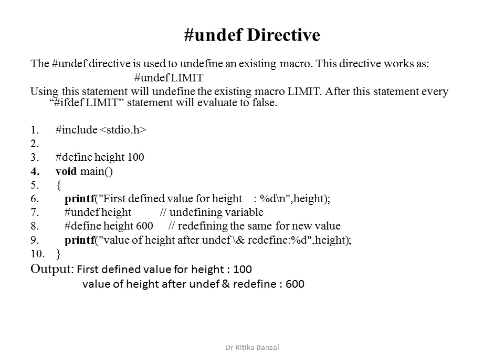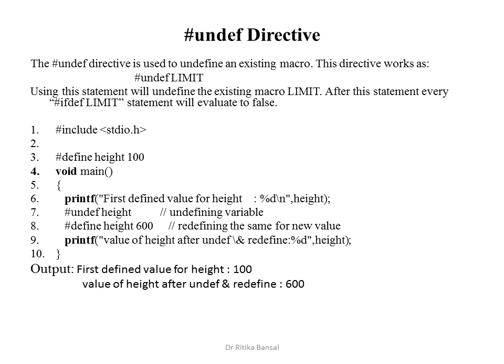Now we are deleting that macro, undefining that macro. We are deleting that 100 value of the macro, undef height. Now height has no value. Now again I am redefining the macro in line number 8, hash define height 600. Now the macro is defined by the name height and the value of the new macro is 600, and the previous macro is deleted from memory.